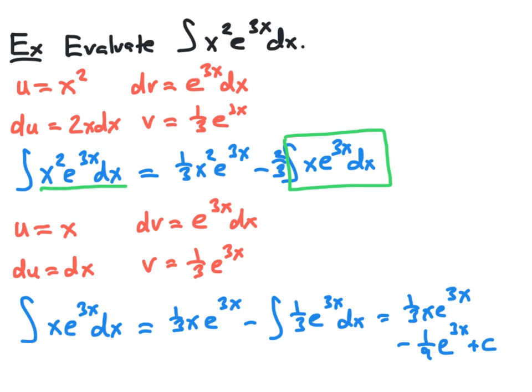We get a 1/9 because when we integrate e to the 3x, the antiderivative gives us another factor of 1/3, which combines with the given coefficient to form 1/9. And now that we have this expression, we can simply take this expression for the integral of x e to the 3x dx, substitute it in to the first integration by parts formula, and obtain a formula for our given integral.